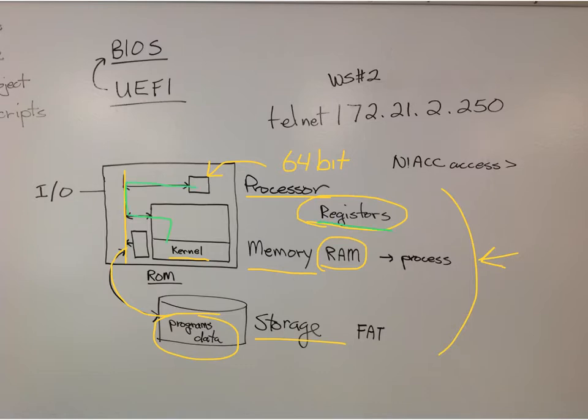The registers, the processor can perform whatever operation on it, and then send the information back into memory. Maybe updated some data, did some calculations on some data. That's in memory. And then if you want to save it, you can save it back out to non-volatile storage. It keeps track of where things are there on a file allocation table.